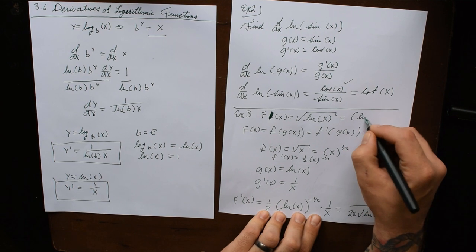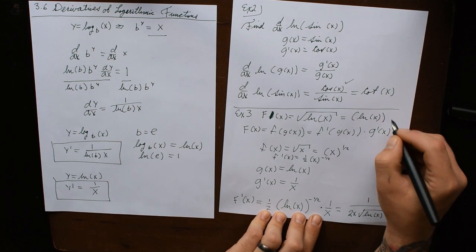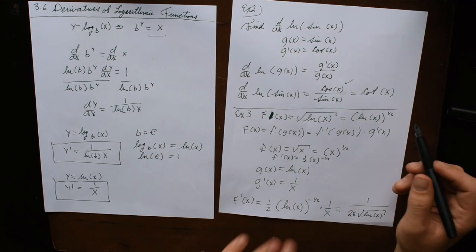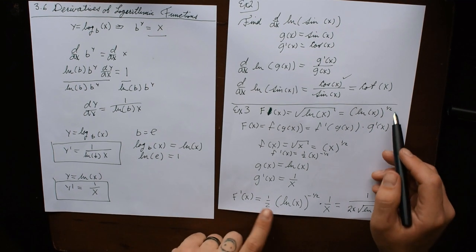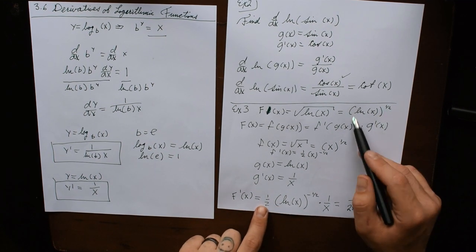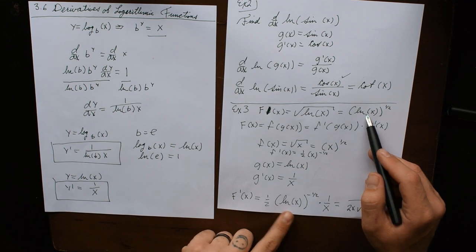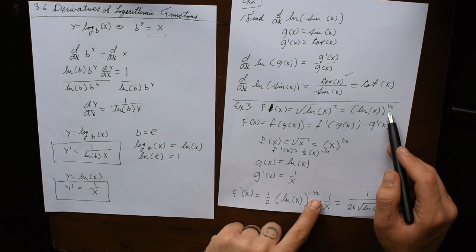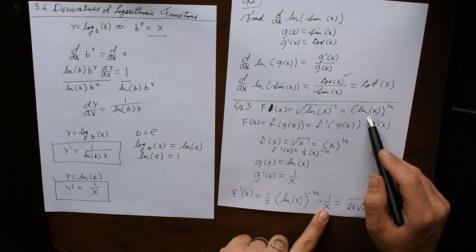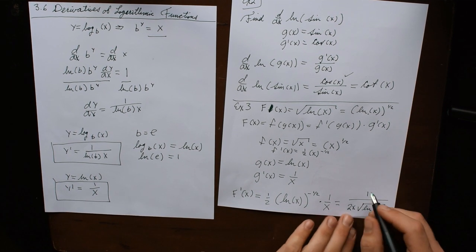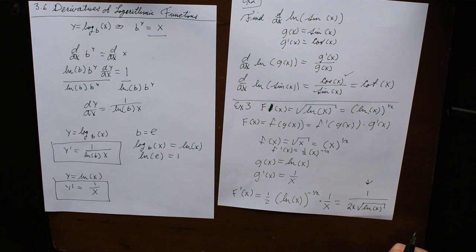This is the natural log of x all to the 1/2. From last time we were talking about the chain rule with the power rule, we brought our exponent down, the inside stayed the same, we subtracted 1 from the exponent, and then we multiplied by the derivative of the inside. This last step is just gathering like terms.